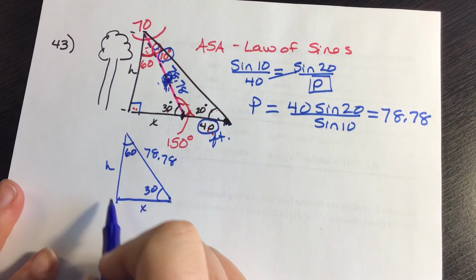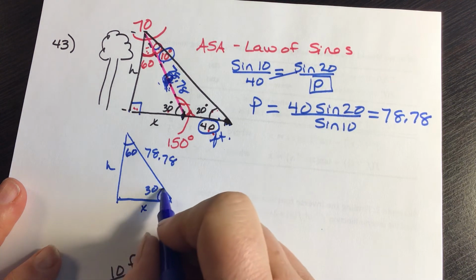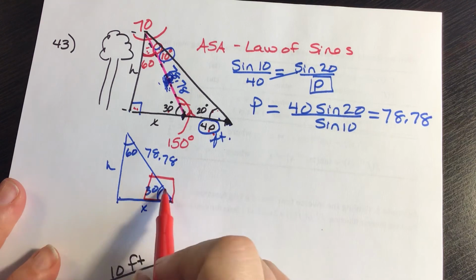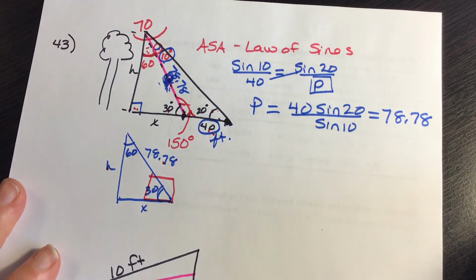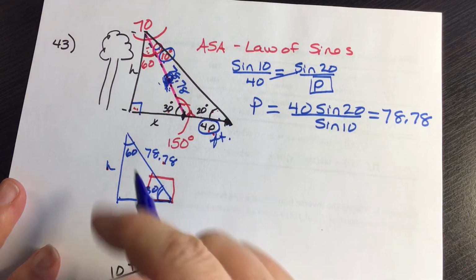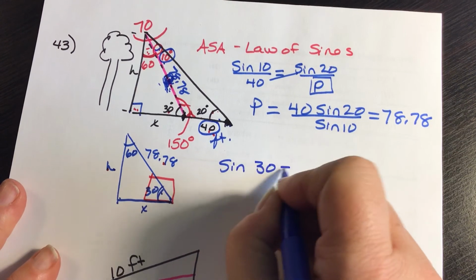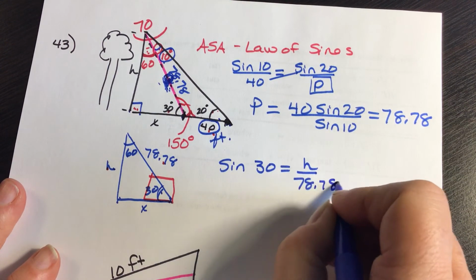All right, so now I can probably use, if I use the reference angle right here, I have opposite H over hypotenuse. So I have sine of 30 equals H over 78.78.